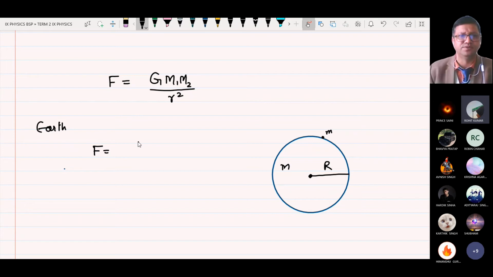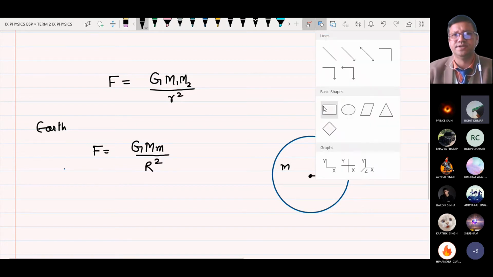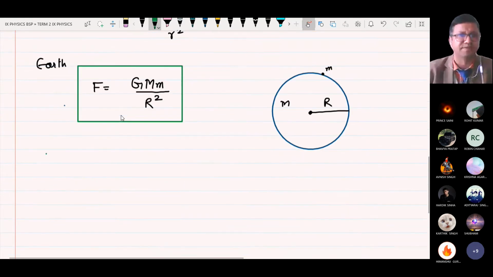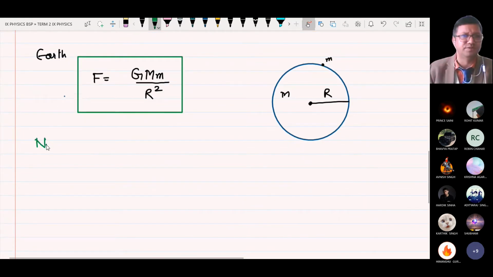F is equal to G, first object, second object, and the distance between the two objects is equal to the radius of this particular earth. So this is for the numerical purpose, और इसी को हम numerical के लिए use करते हैं.